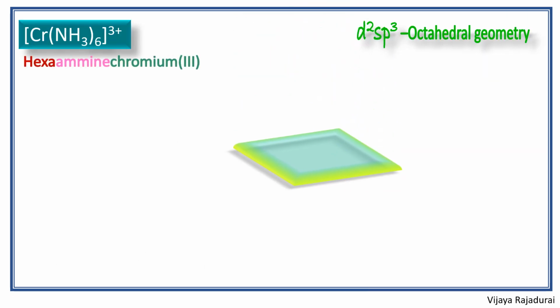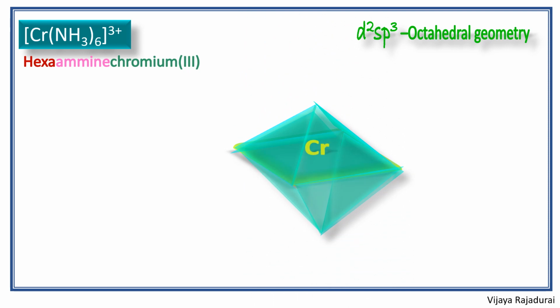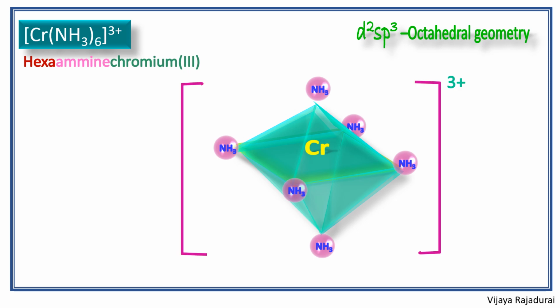Here you can see the d2sp3 hybridized orbitals of [Cr(NH3)6]3+. The geometry is octahedral and the hybridization is d2sp3. Chromium occupies the center of this geometry, and the 6 ammonia ligands occupy the corners.